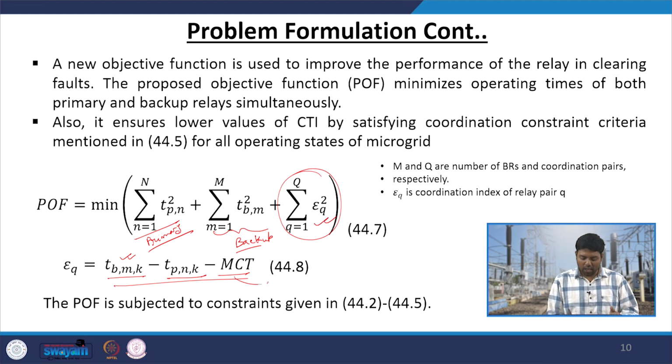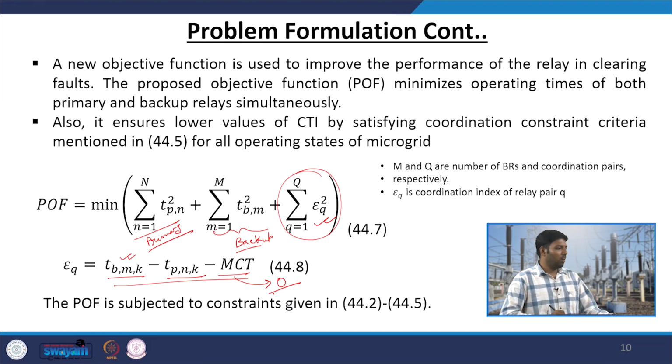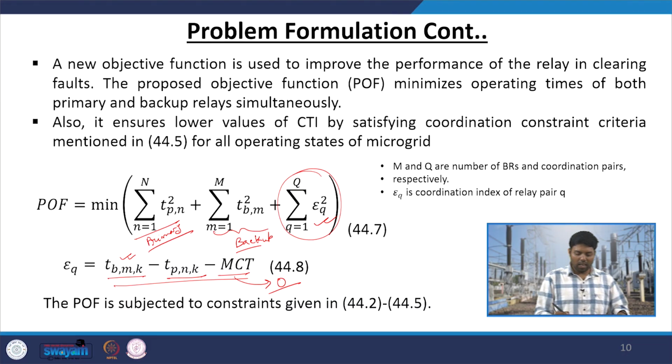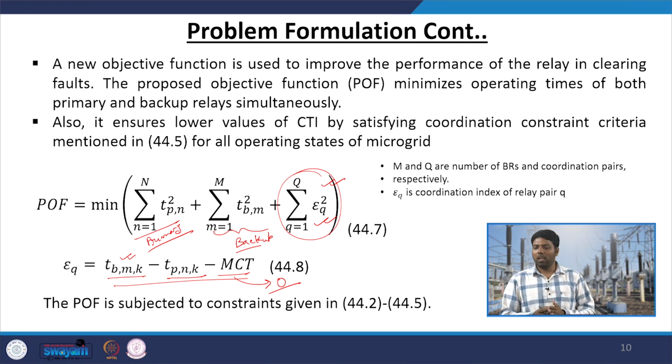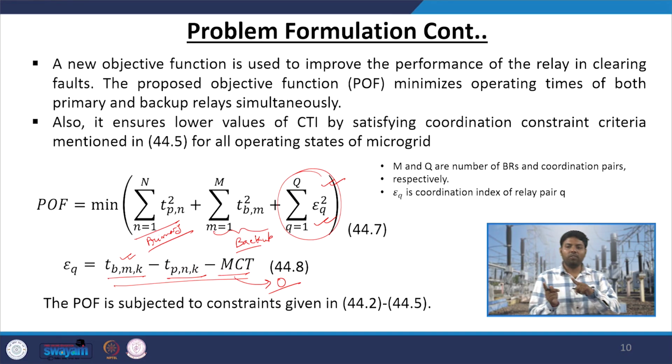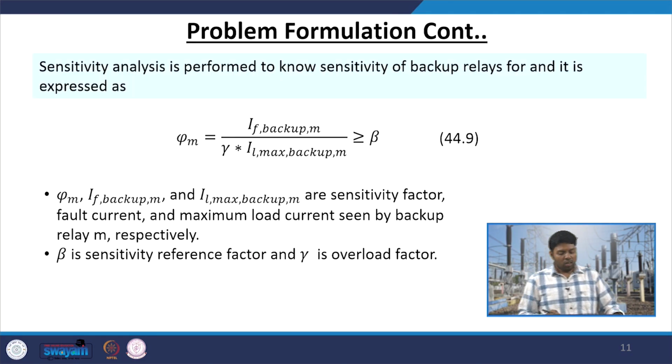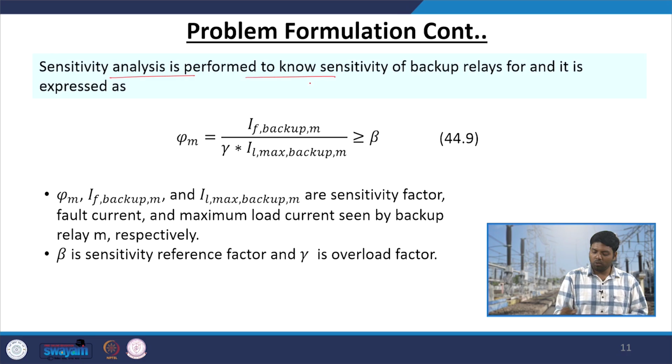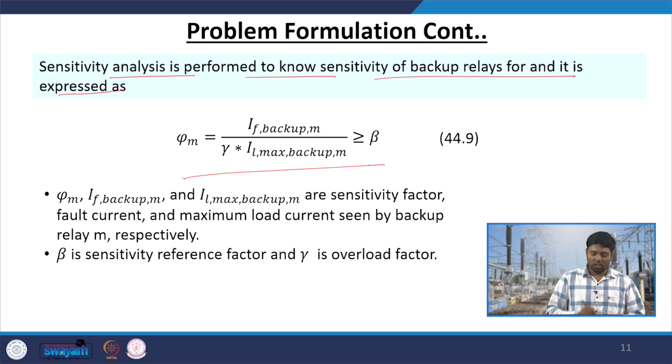Ideally that should be equal to 0. If that is 0, then your objective function is minimized. So, you have obeyed your minimum time operation for your primary relay and for your backup relay, and the time difference between the backup relay and the primary relay is also restored to your minimum coordination time. The sensitivity analysis is performed to know the sensitivity of the backup relays, and it is expressed by this equation.